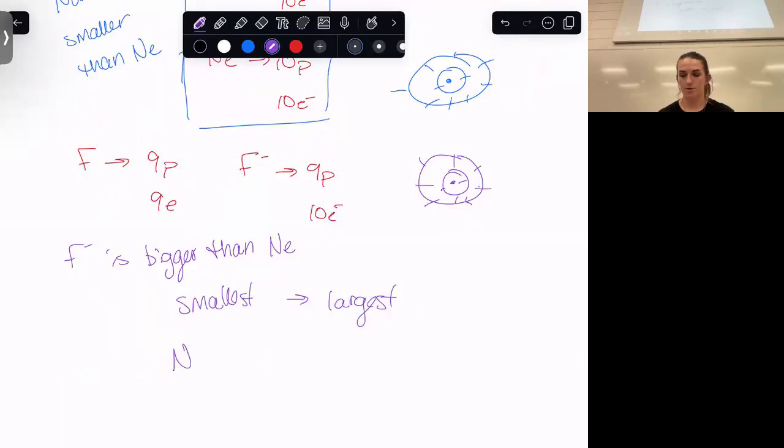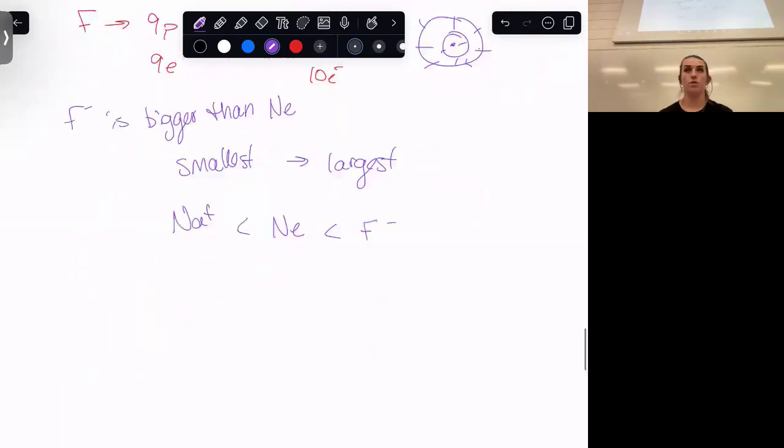So if we're ranking size, we have sodium plus, and then neon, and then fluorine minus. But for ranking size without ions, we have fluorine, then neon, then sodium.